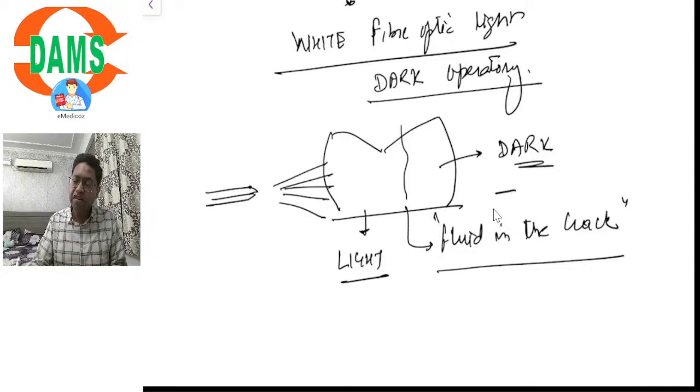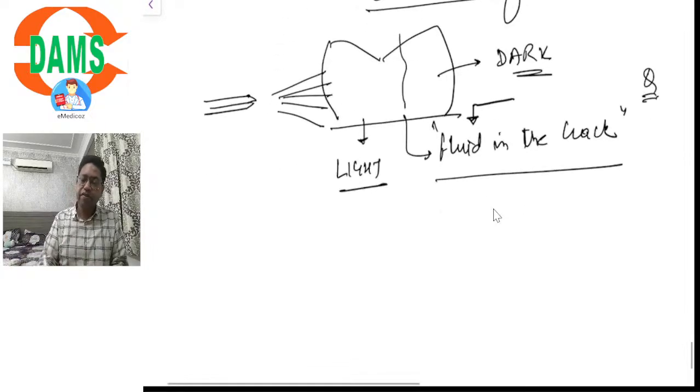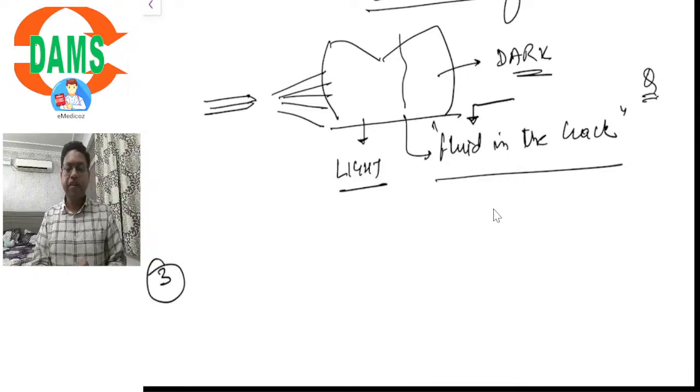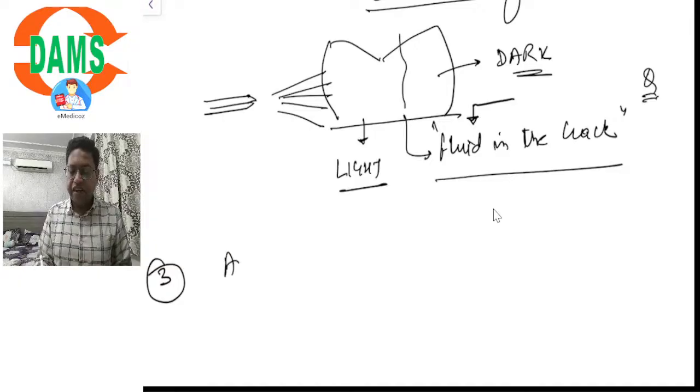So what is the reason why the light is not able to cross the crack? Because of presence of fluid in the crack. This is the principle of transillumination. The third test that is used is anesthetic test.